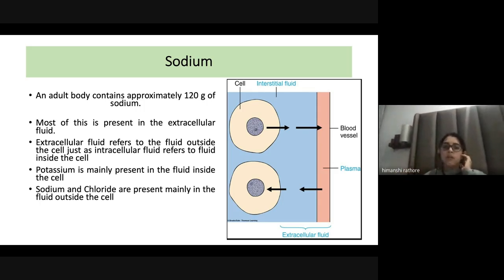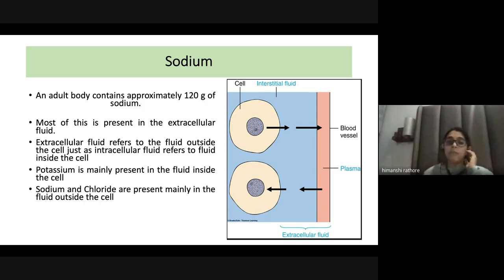So, what is extracellular fluid? It is the fluid which is present outside the cell, as the name suggests, and intracellular fluid is that which is present inside the cell. Potassium is the mineral which is present inside the cell, and sodium and chloride are the two minerals which are present in the extracellular fluid.